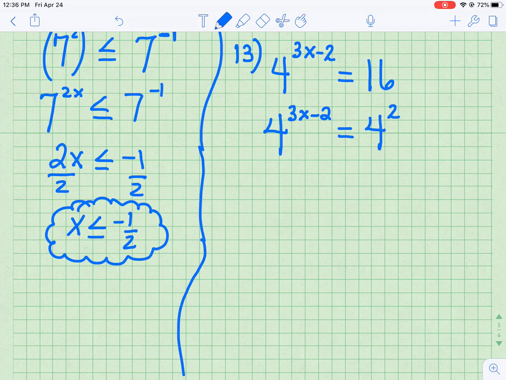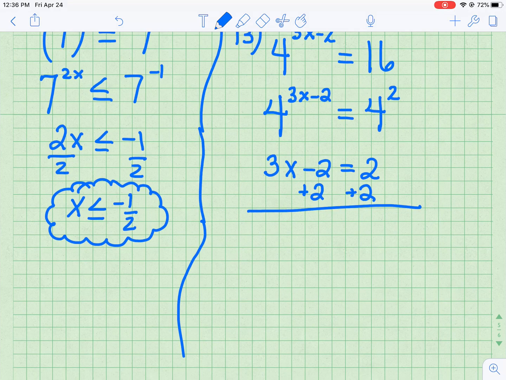Then because 4 equals 4, we can say 3x minus 2 equals 2. And then x equals 4/3.